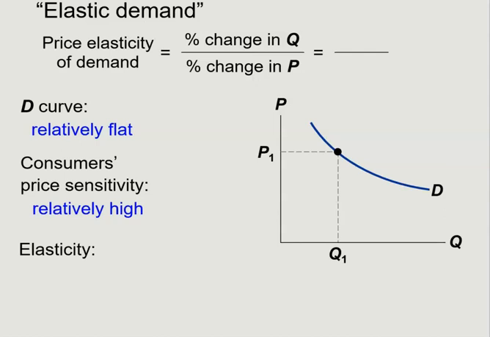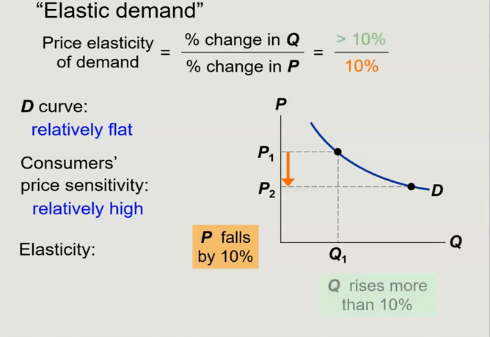Now, the fourth case would be, again, we keep rotating the demand curve. In this case, it will be relatively flat, or flatter than the previous cases we already discussed. Here, again, we do a 10% decrease in price, and you would find that the change in quantity demanded is larger than 10%.